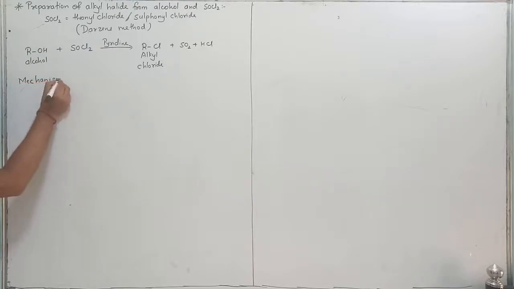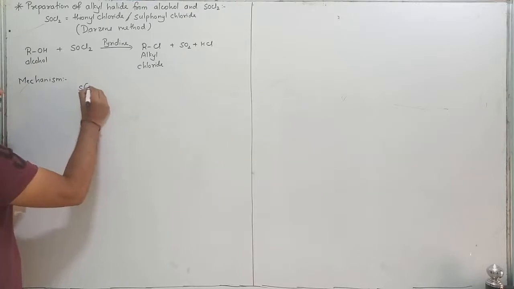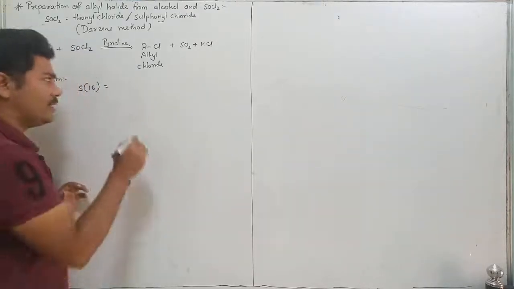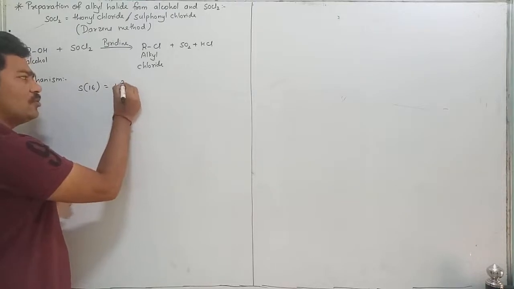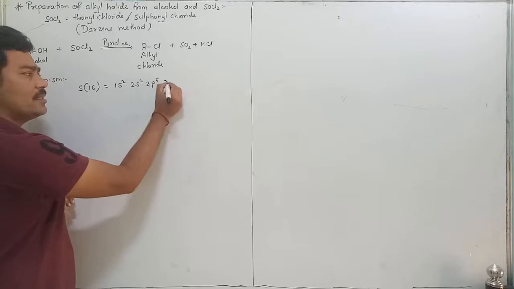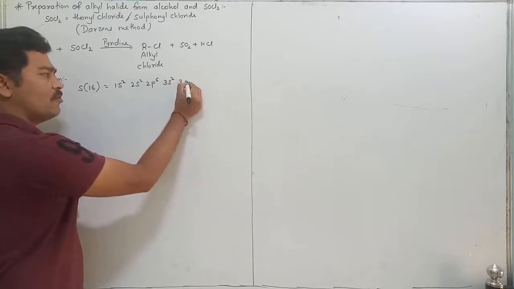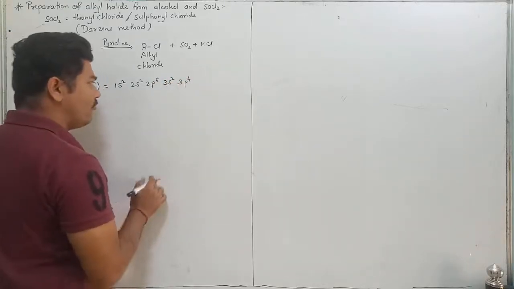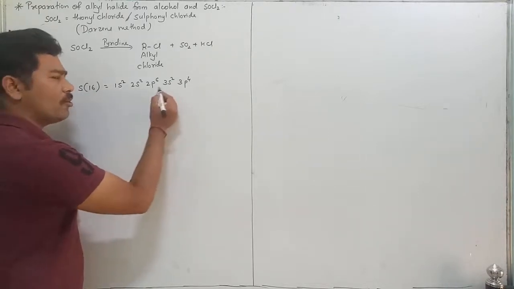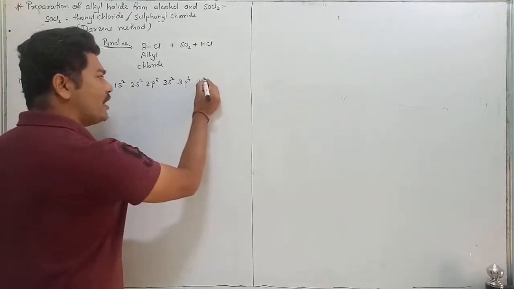During the mechanism, let us start first of all with sulfur. Sulfur has atomic number 16. According to the above principle, its electronic configuration is 1s2, 2s2, 2p6, 3s2, 3p4. In the first orbit there is s, in the second orbit there is s and p, in the third orbit there is s, p and d, which is empty.